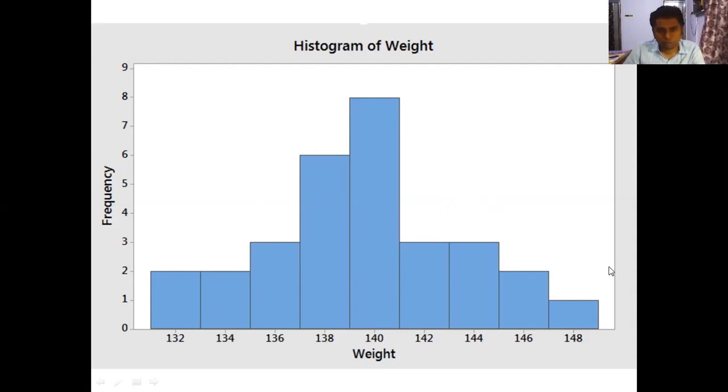When you consider problems, your data need not be exactly normally distributed, but more or less it should be normally distributed in many cases. That particular thing you should check.